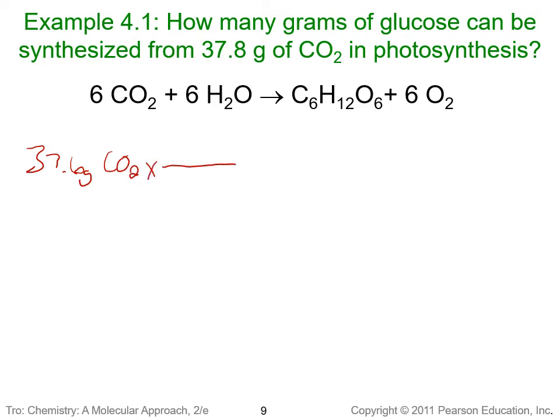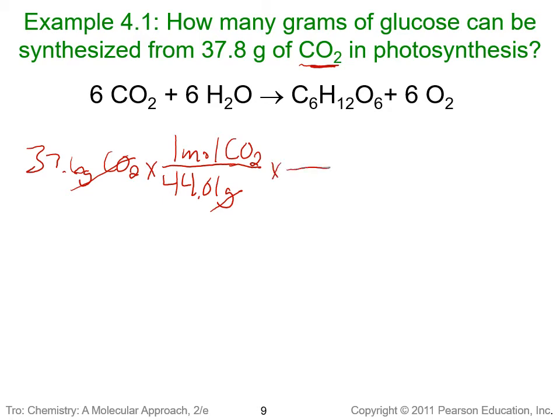We have to calculate the molar mass of carbon dioxide, so add the mass of carbon plus 2 times the mass of oxygen. You get 44.01 grams for 1 mole of CO2. Now we had to convert from grams into moles so that we could use our balanced chemical reaction.